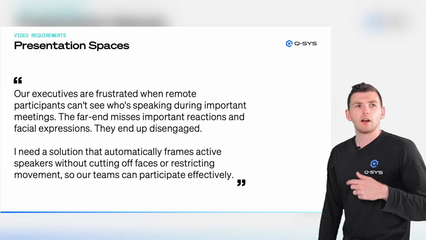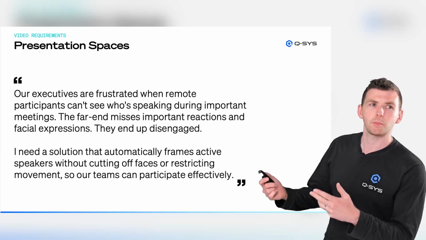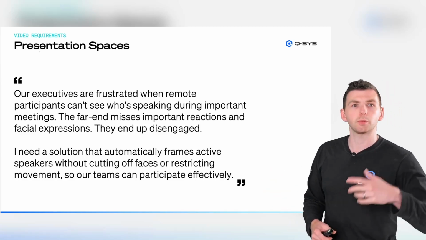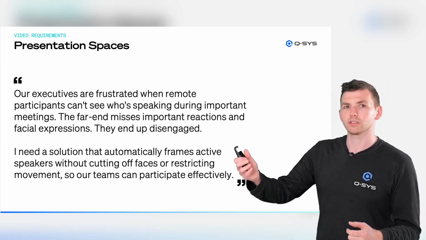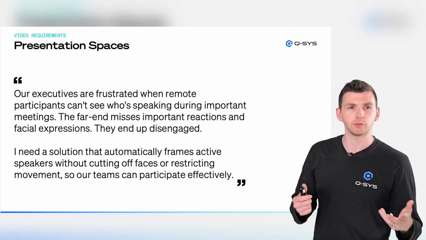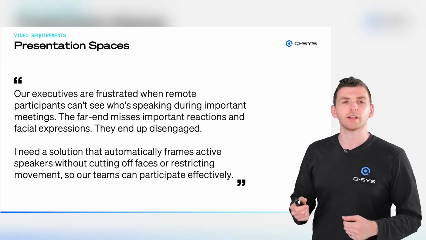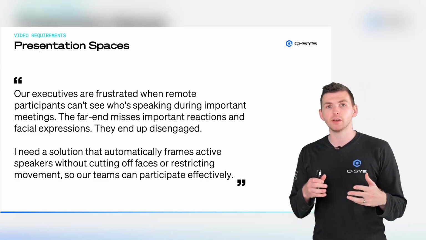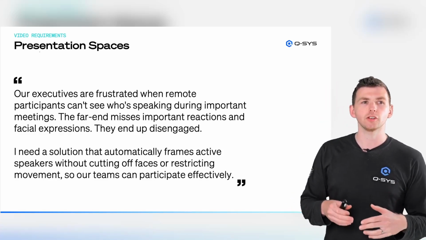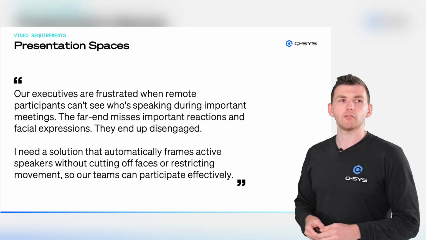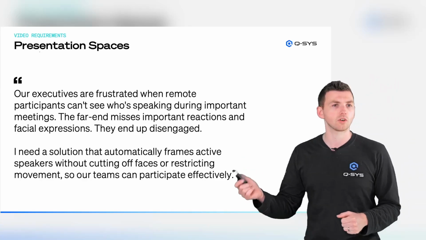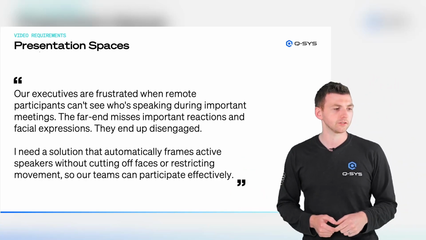Okay, our executives get frustrated when remote participants can't see who's speaking. So, for example, an audience member asks a question, or someone's speaking on stage, or someone's moving around on stage, and the cameras aren't quick enough to switch. Maybe it's being run manually, or maybe there's some kind of automation, but they're missing those kind of reactions. So, wouldn't it be great if we automatically framed active speakers?